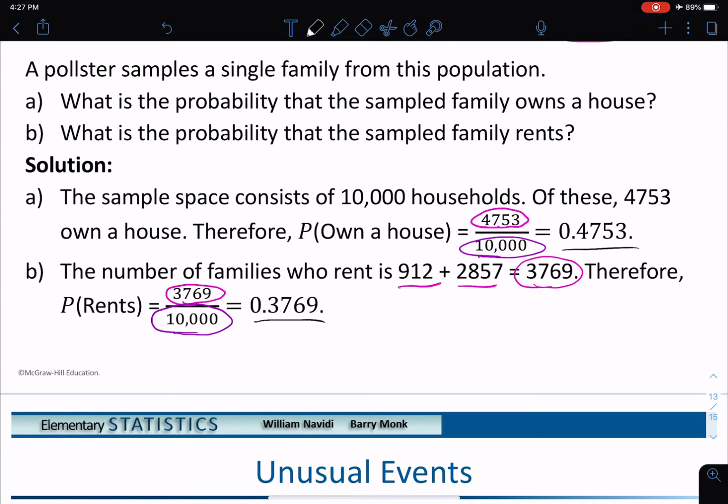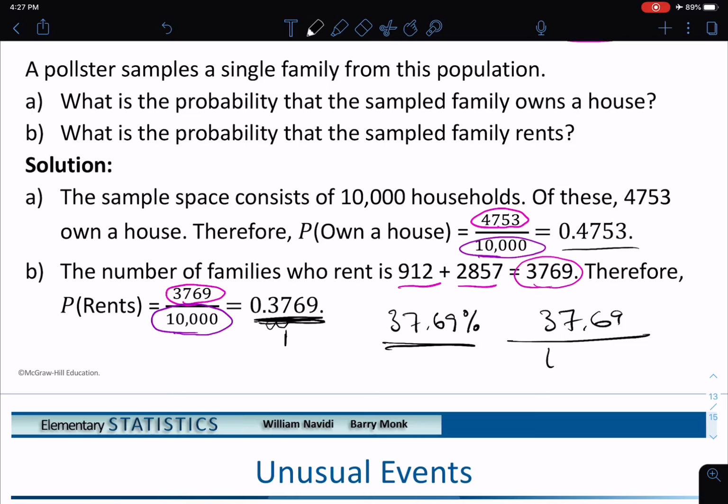And when we divide that, we get our answer, which is 0.3769. Of course, if you ever wanted to change a decimal to a percent, you move that decimal point 2 places to the right, 37.69%. Now it's out of 100%. When it's written like this, it's actually out of 1, right? And when it's written like this, it's out of 100.